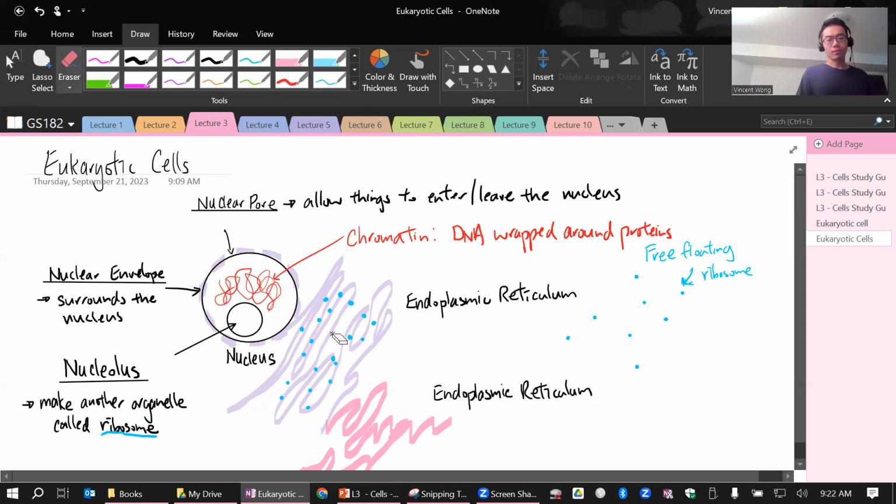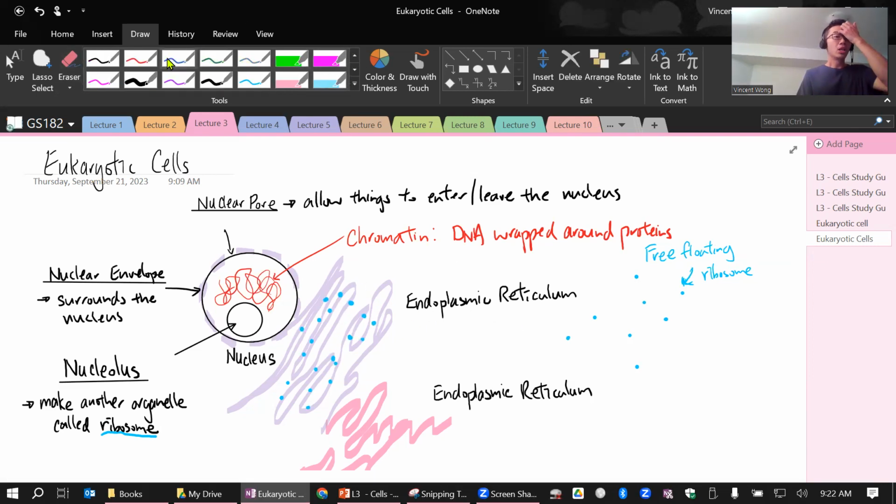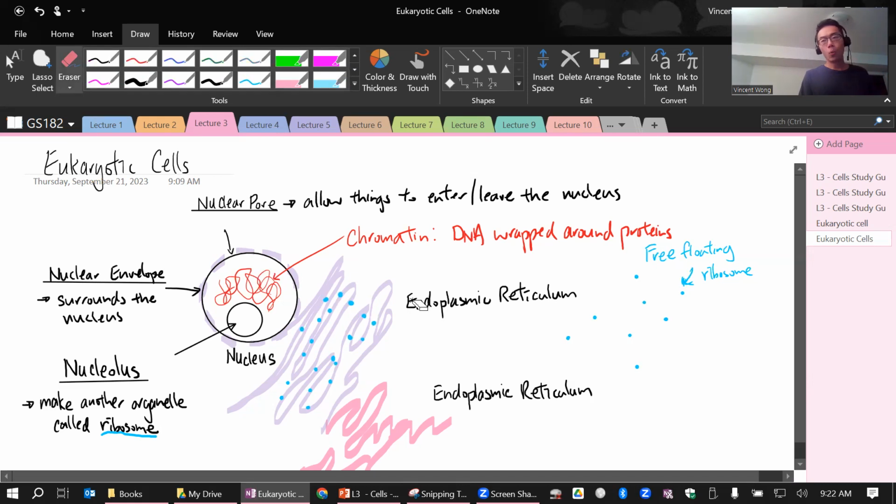Some will be attached onto this endoplasmic reticulum. When you look at this under the electron microscope, the presence of the ribosomes on the ER makes it look rough. So if the endoplasmic reticulum has ribosomes on it, we call it rough endoplasmic reticulum.